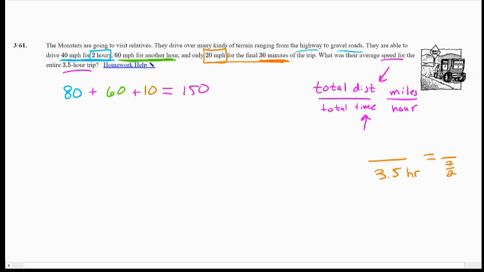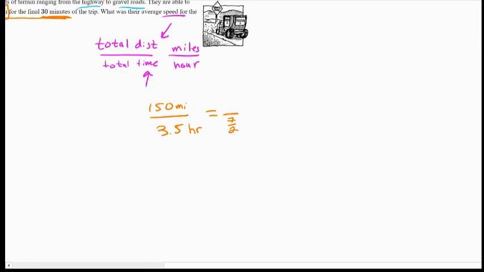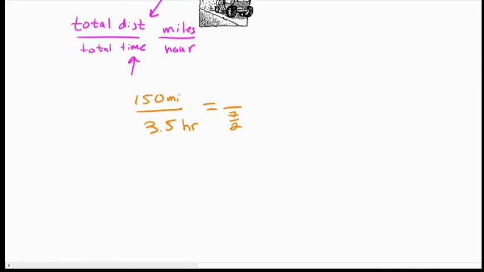And when I get 150, I have my total distance, which is 150 miles, over my total time, which is 3.5 hours. If I have a calculator, great. 150 divided by 3.5 will give me my answer. Let's see here. It doesn't look like this is going to be a nice, pretty number.